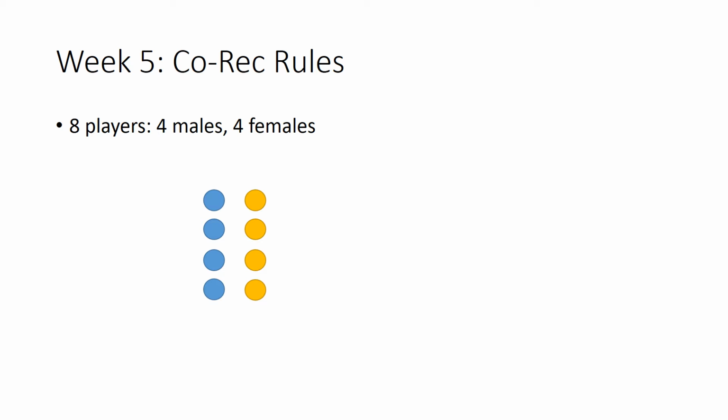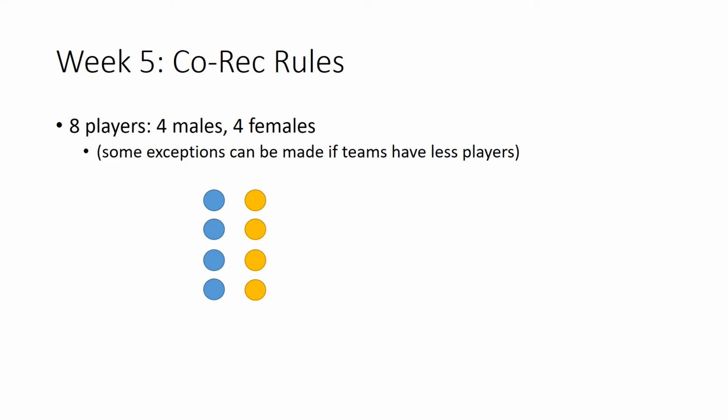This week, we're going to go over the basics for co-rec rules. Remember back to the first week when we talked about the different ways that flag football is played. This video series mostly covers 7-on-7 flag football. However, a deviation of that is 8-on-8 flag football, which is played co-rec. Co-rec means that there are 4 males and 4 females to make up those 8 players.